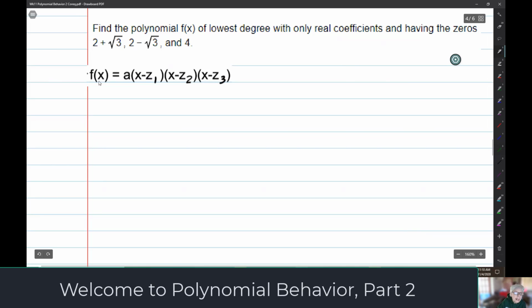Okay, again, we're letting A equal 1, so we don't have to deal with it. But Z1 is going to equal 2 plus the square root of 3. That's an irrational 0. This is its conjugate.